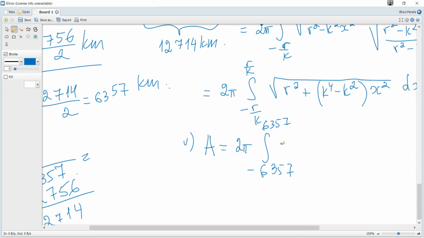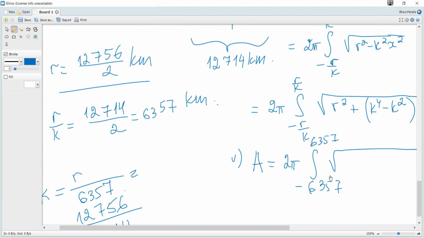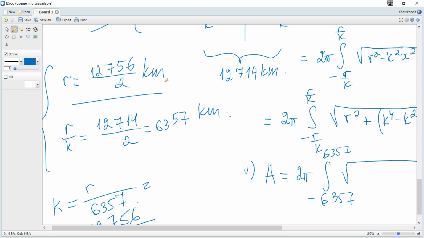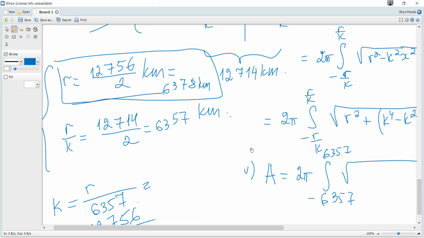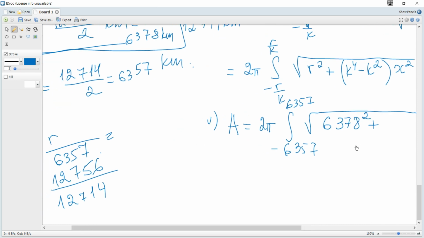And substitute, it becomes the square root of r squared. It's 6378 kilometers, 6378 squared plus k.